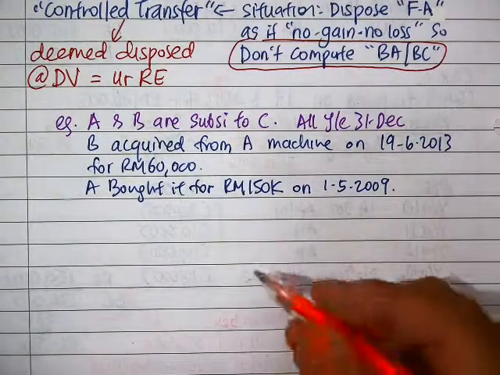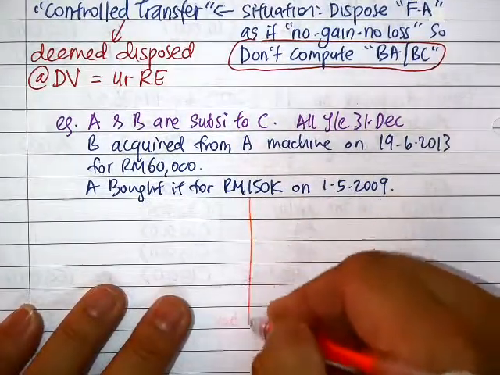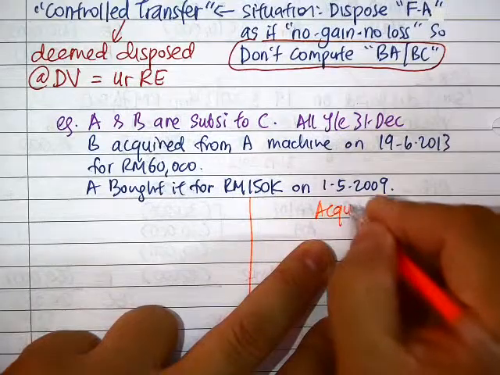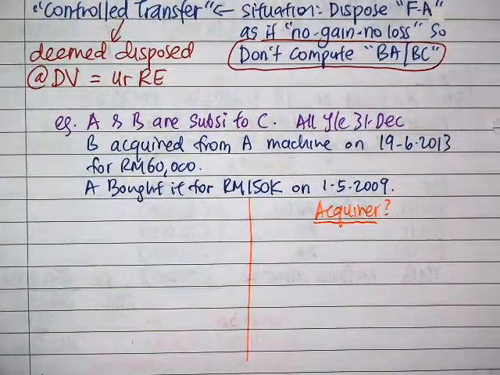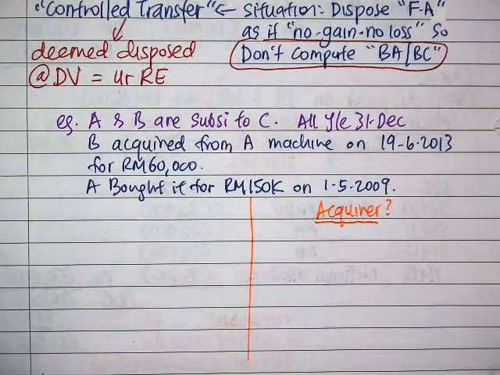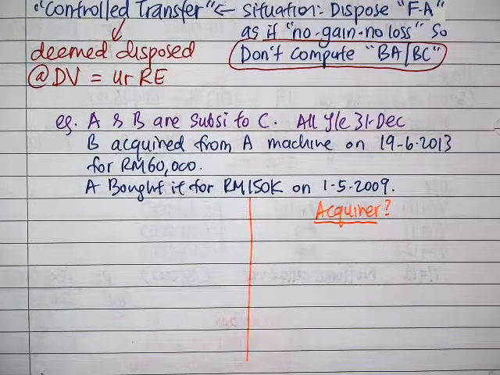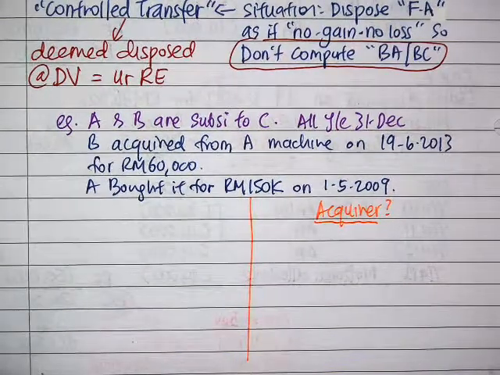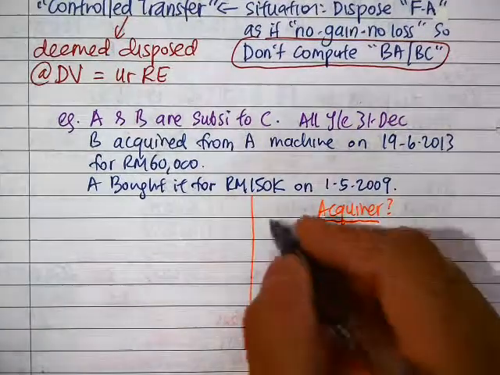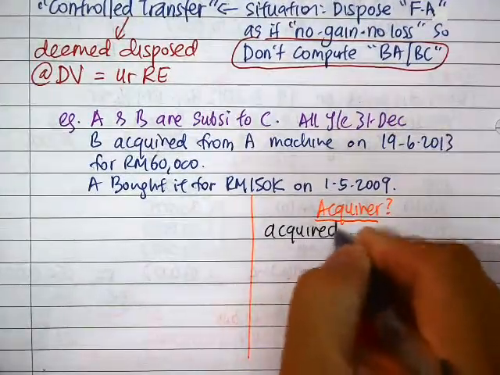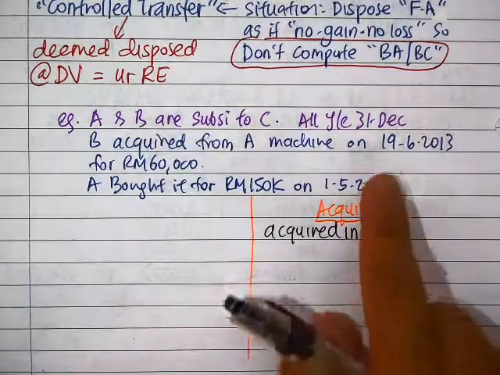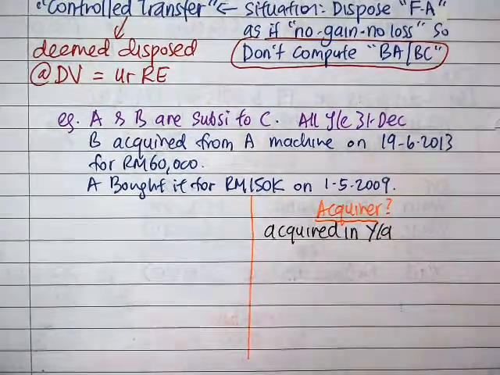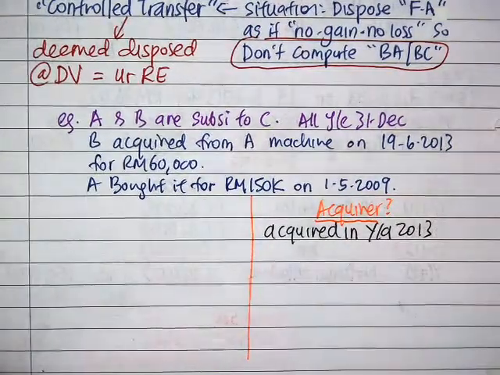Now, if you look from a very normal asset disposal, we look at the acquirer. Later I'll tell you the steps. Now, which year did that acquirer buy this asset? 19 June 13 you buy means YA 13, right?